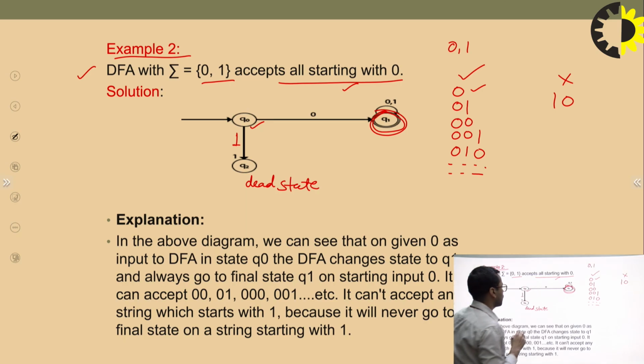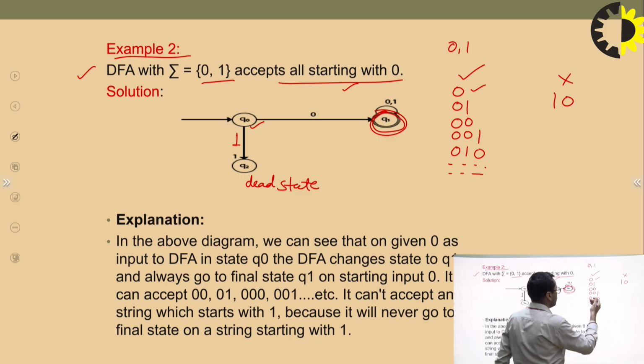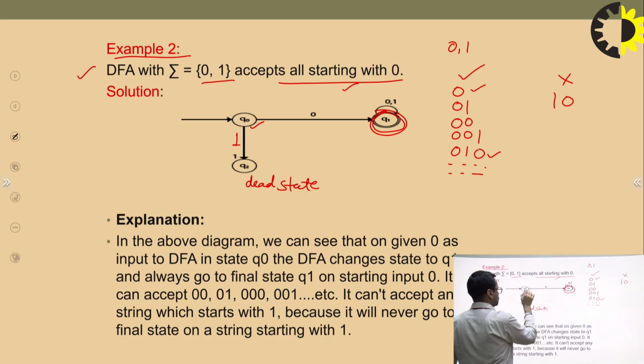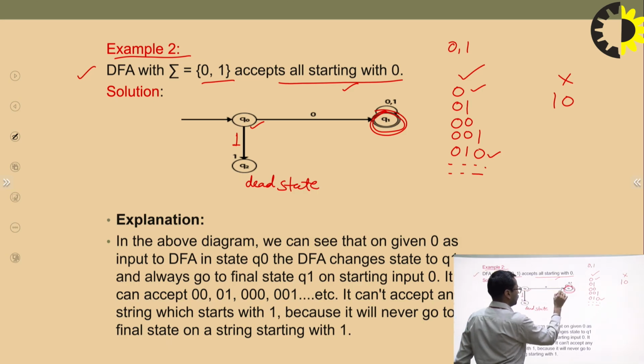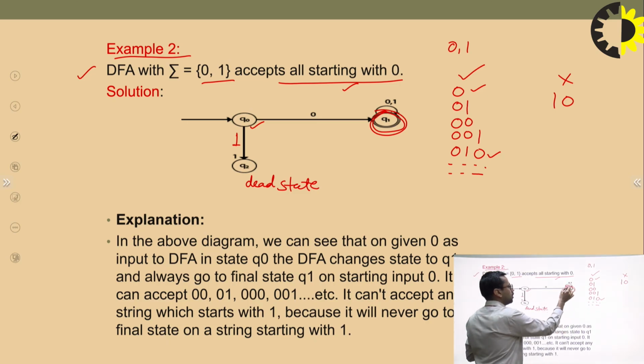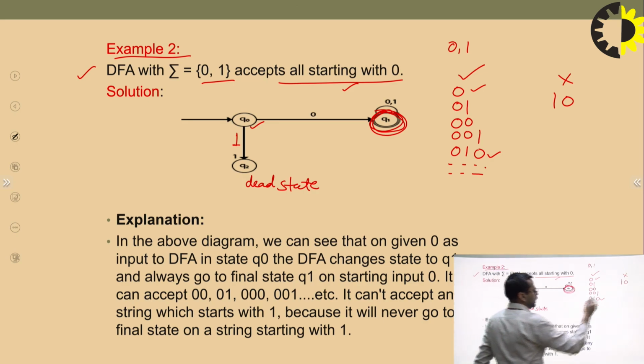So this is the particular DFA model for the language that accepts all strings starting with 0. Let's try some more strings. Suppose 0 1 0, is it accepted or not? After applying 0 the state will be Q1. Then 1 applies a self loop, then 0 applies a self loop, so Q1 is the final state for all inputs that start with 0. Now try 1 1.